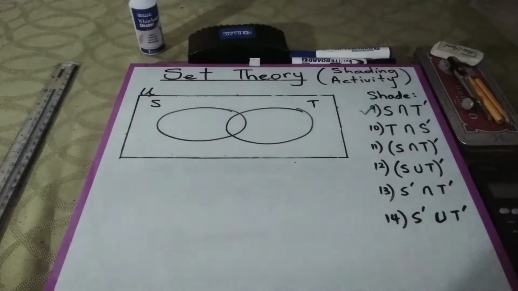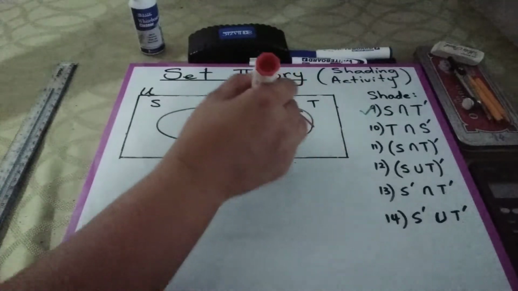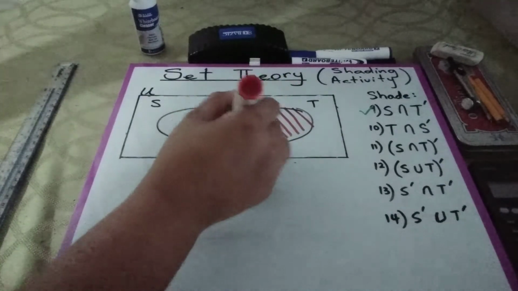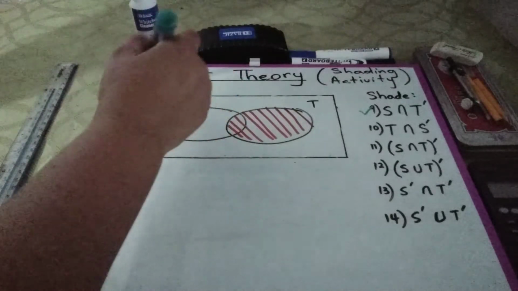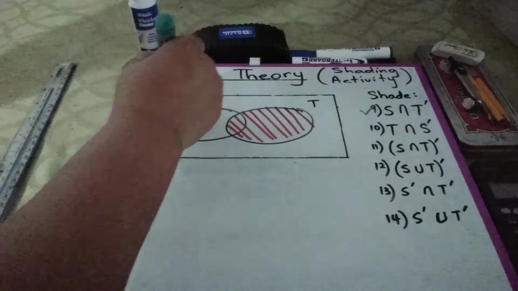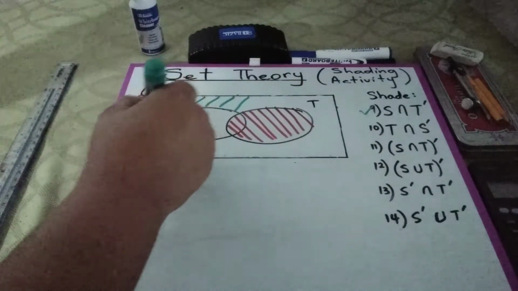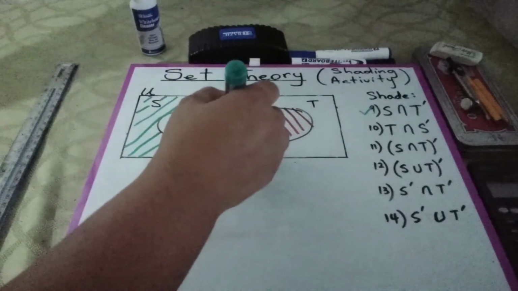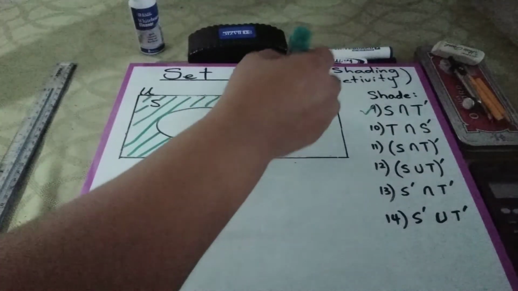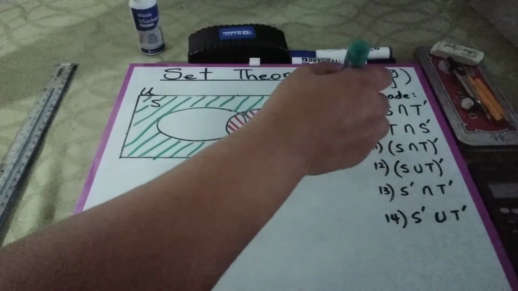So we're going to shade T first, and then we are going to shade what is not in S. So here we go, shade in one direction, in T, all of T, the entire circle T, that is T. Now, S complement, we're going to shade what is not in S, all the areas that is not considered to be S. We shade all the area that is not in S. Okay, crooked shading, but you get the picture.